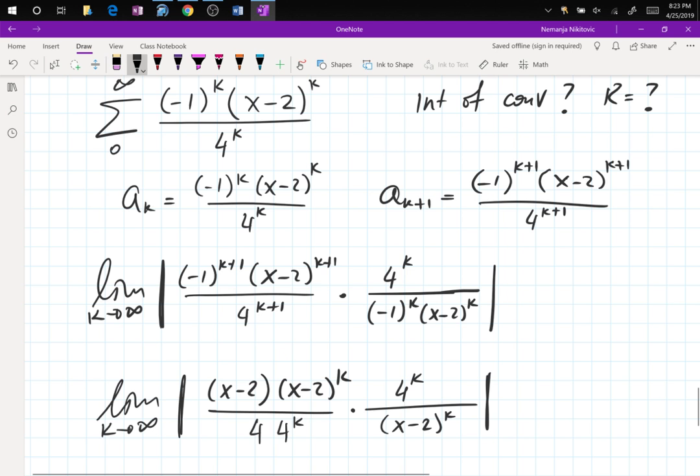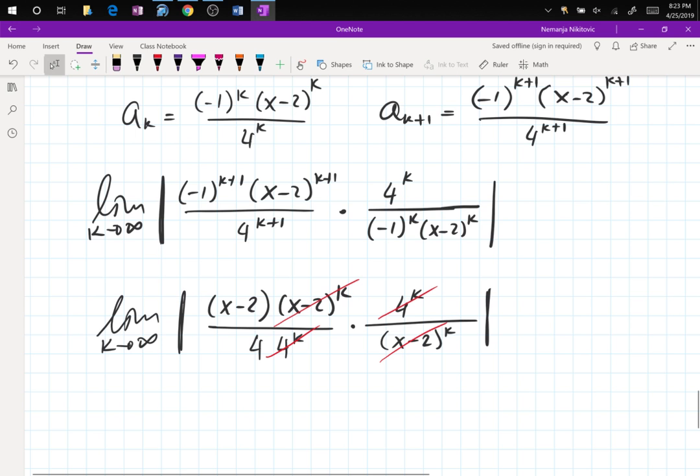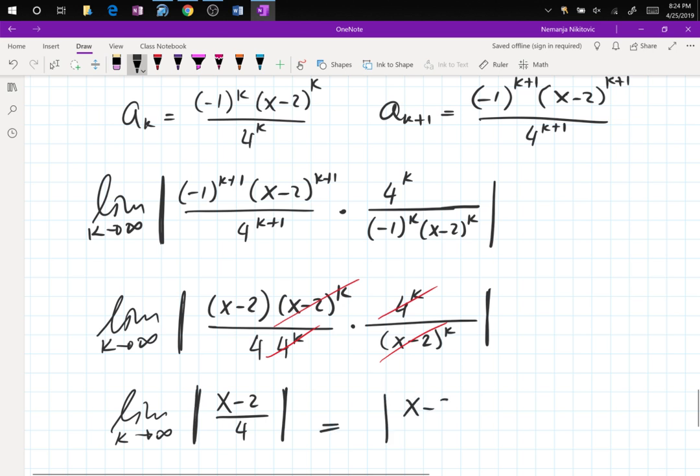Negative 1 died because of the absolute values. Ready to cancel? Sure. Boom, boom, boom, boom. No more k's. The limit as k goes to infinity has nothing to operate on because all I have is the absolute value of x minus 2, divided by 4. So that's just absolute value of x minus 2 over 4.